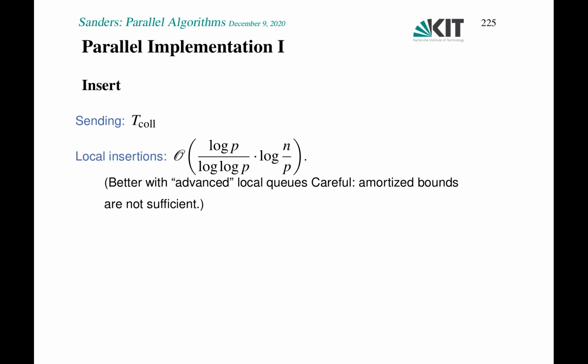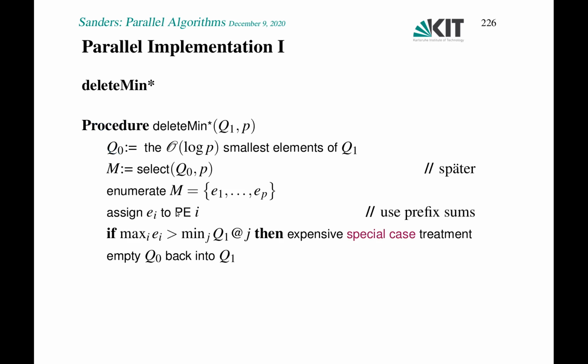So in general, be careful with amortized efficiency because that might slow down parallel algorithms that do too much synchronization. We will actually later use amortization, but then make sure that the processors also synchronize with respect to when they do something expensive.